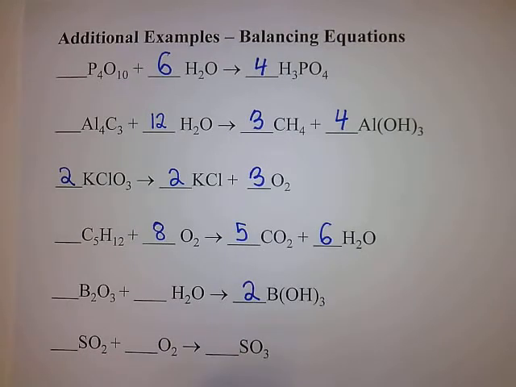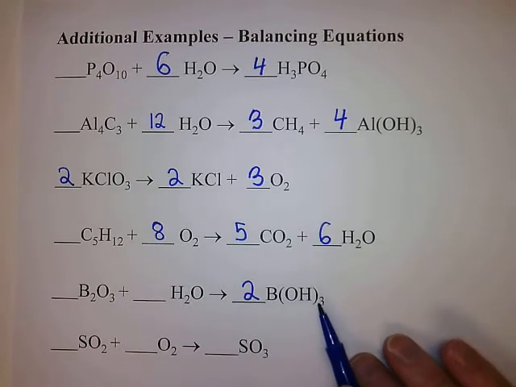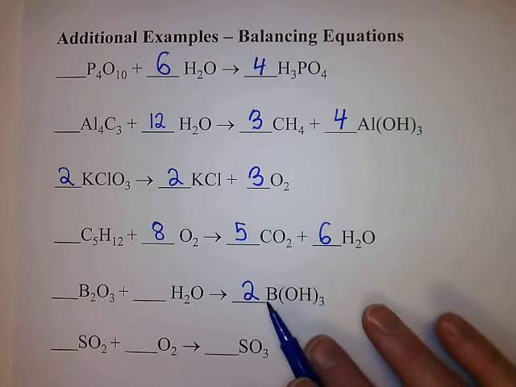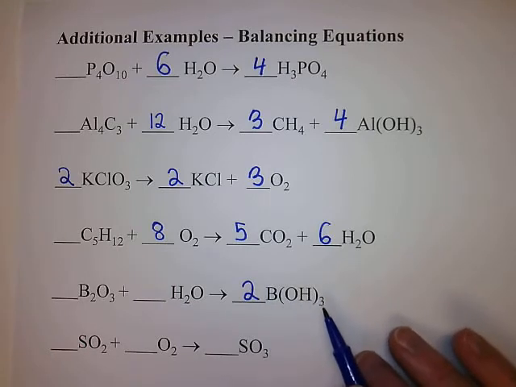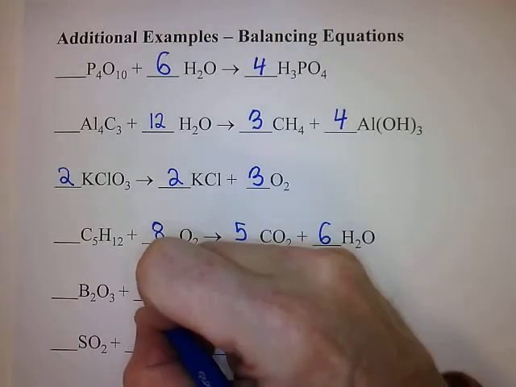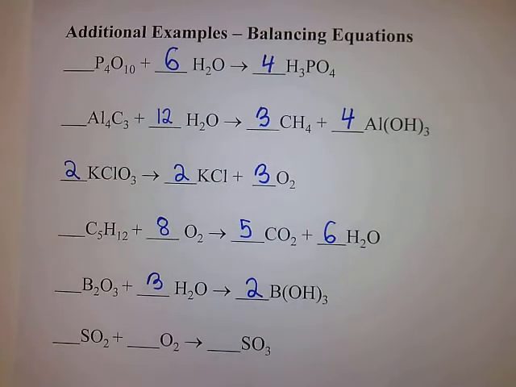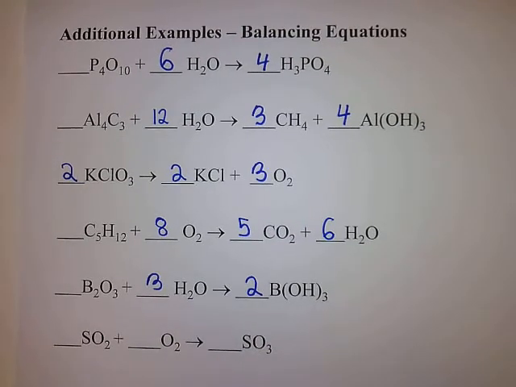And then our last step is to balance the hydrogen. So let's see, B(OH)3, there's 3 hydrogens, but we put a 2 there, so there's really 6 hydrogens on this side. Hydrogen is in the form of H2O here, so we put a 3 in front of the H2O, and that's balanced.